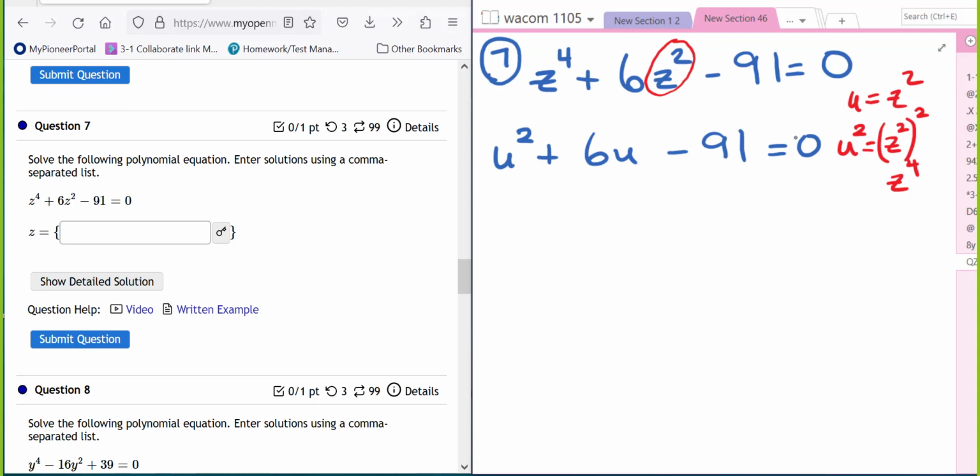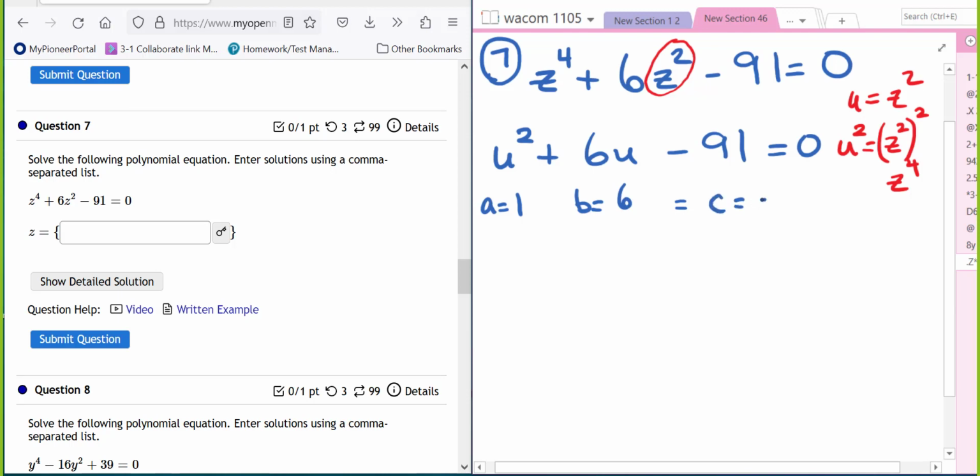And a lot of times at this point, you can factor, but the 91 doesn't play nice. And so we'll go to quadratic formula. So our A is 1, our B is 6, our C is negative 91. Boy, those 6's and B's look a lot alike.